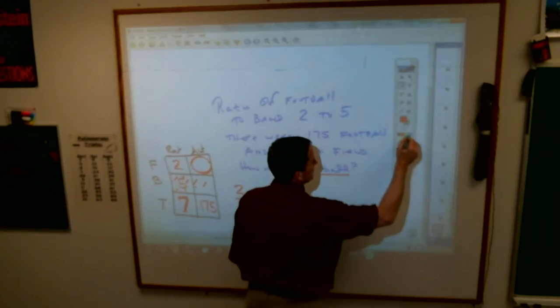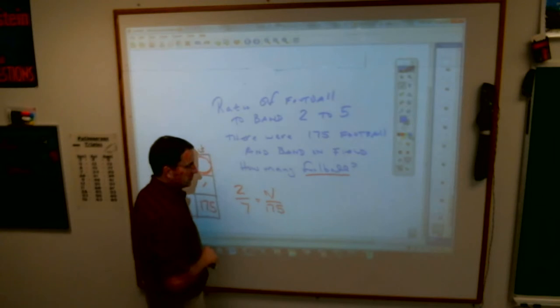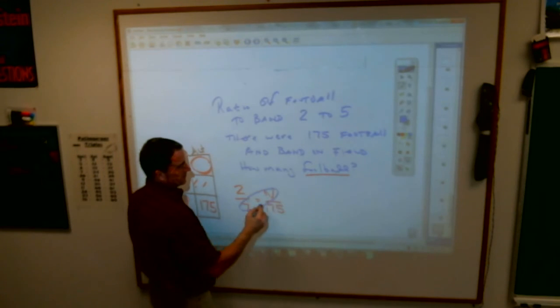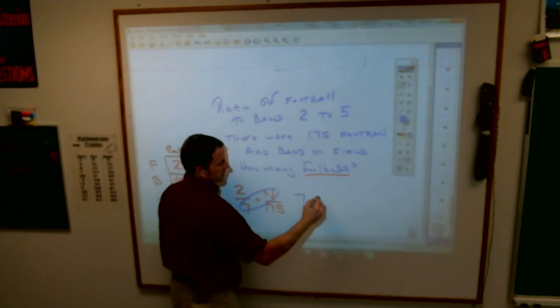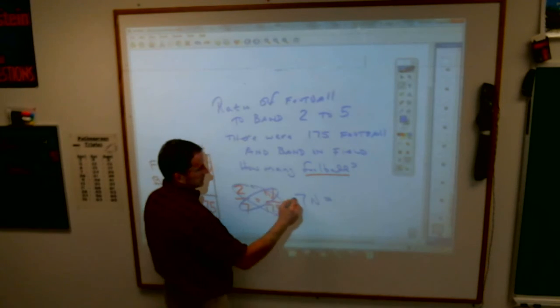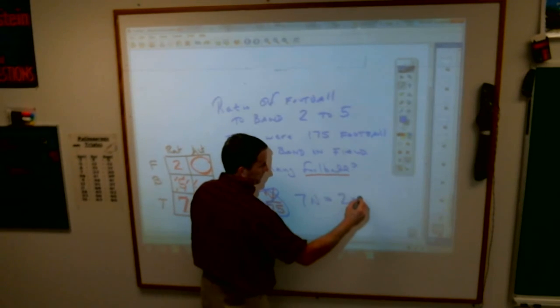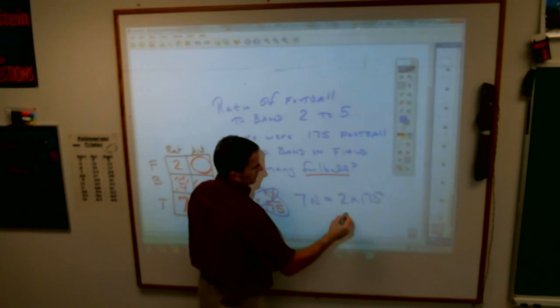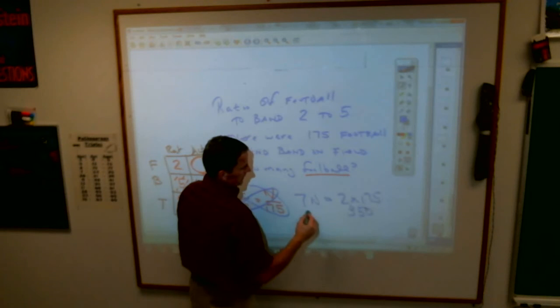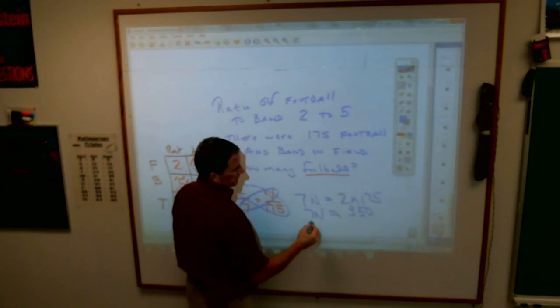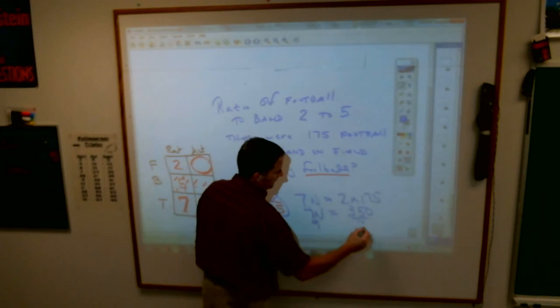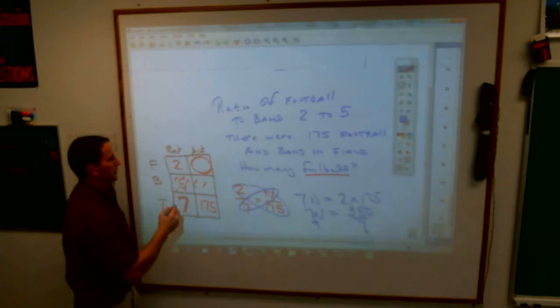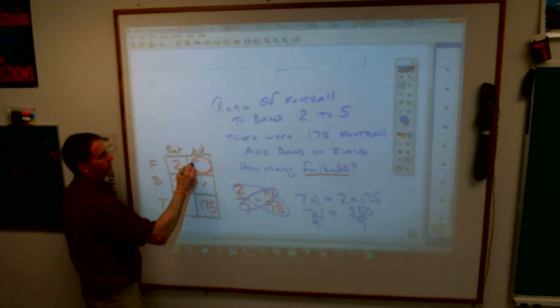Yeah, we call that cross multiplication. You take this times this, which is what Amelia was saying. Well, 2 times 175 is 350. And if I have 7 times what number is 350, I have to divide by 7. I divide by 7, and guess what I get?